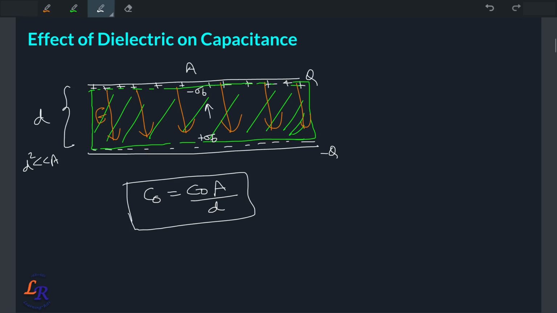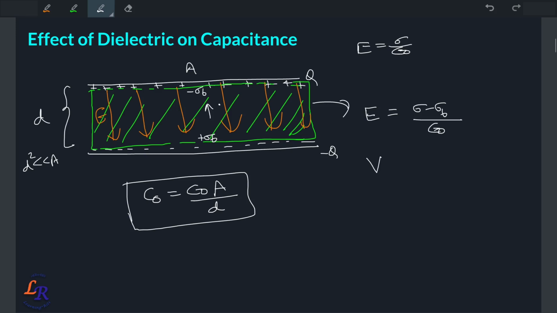If we insert the complete dielectric, the total electric field inside is reduced. Calling it E, it is given by the effective charge, sigma minus sigma b, divided by epsilon 0. In the earlier case we had sigma upon epsilon 0 in between. Now, because of this bound charge, we have modified the electric field for the dielectric medium, and it is given like this.